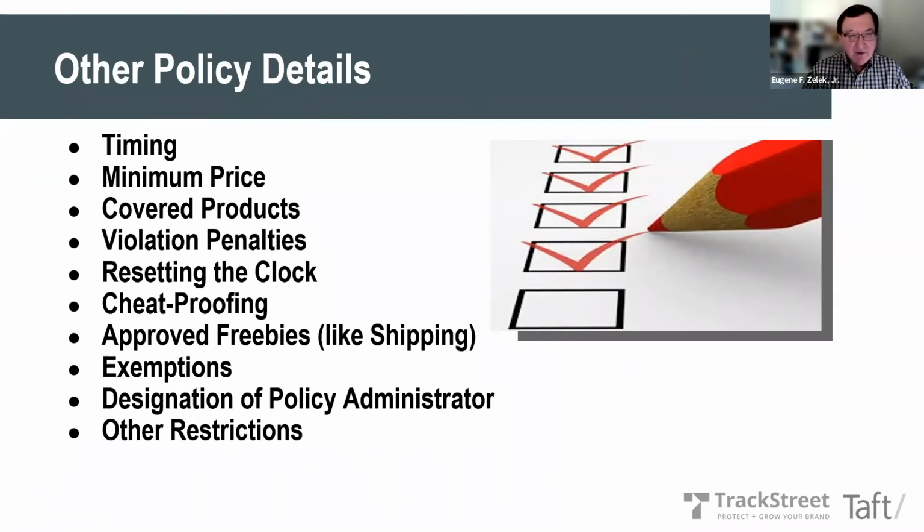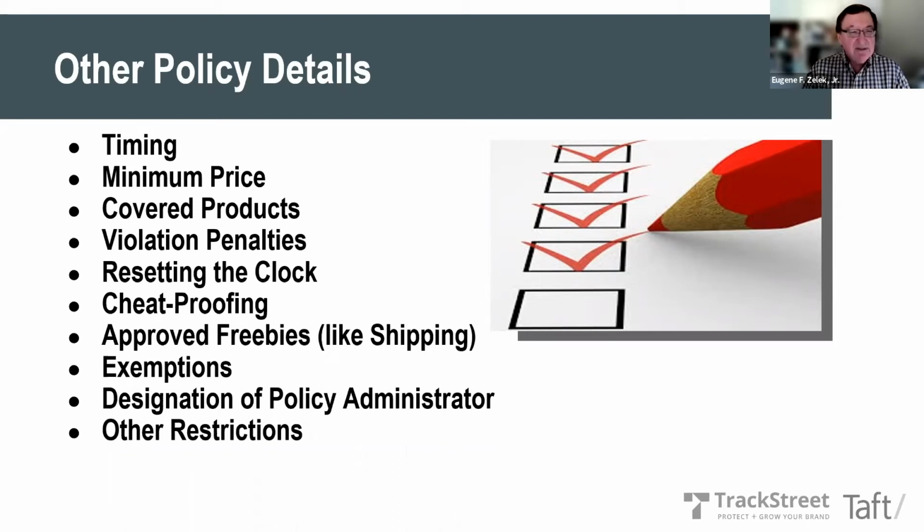What products are covered? All products or just some products? What are the violation penalties? What about resetting the clock? By resetting the clock, I'll give you an example. There's a plumbing products company that is not a client of ours that has an IMAP or EMAP policy, and it resets the clock every 18 months. What does that mean?